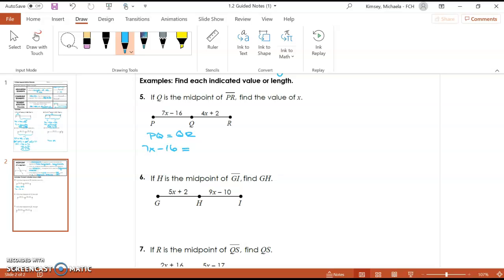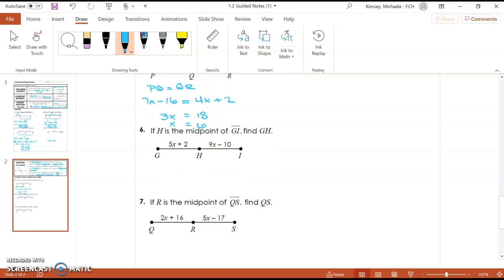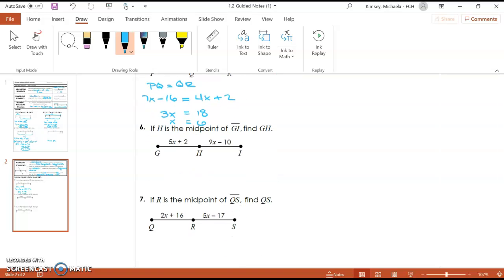So that is equal to 4x plus 2. Then if we were to add 16 onto the other side and subtract, so just a little bit of algebra here, we will get 3x equals 18. When we divide by 3 on both sides, we will get x equals 6. Okay, go ahead and try the next 2 on your own and put your answers in Playposit.